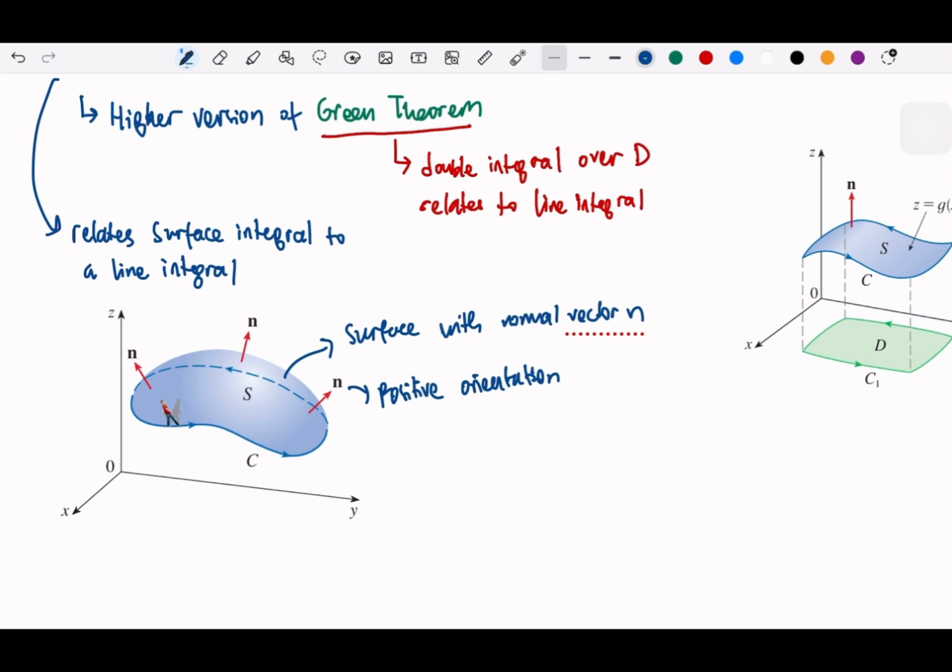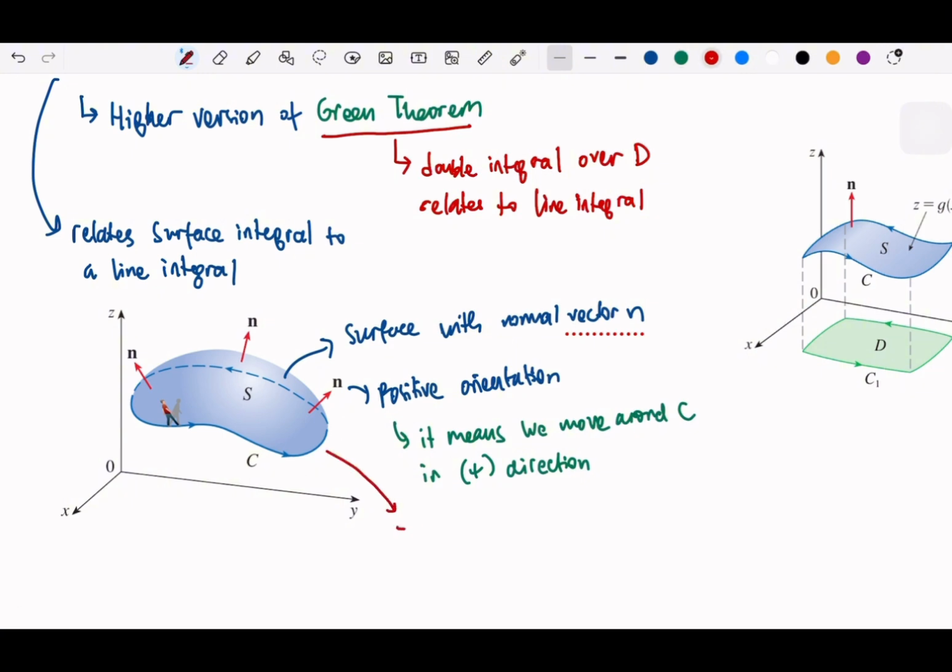So this is positive orientation, and then it means we move around C in the positive direction. And remember, positive direction means counterclockwise.